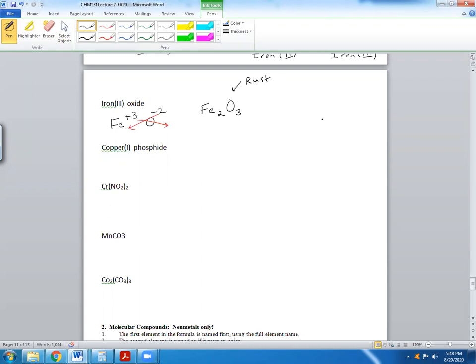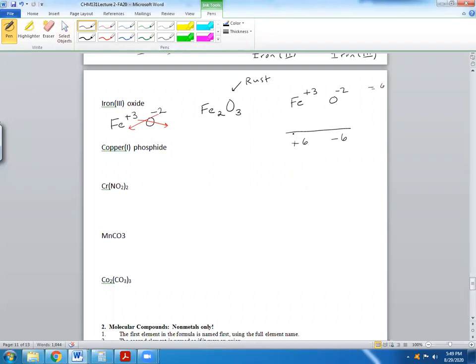Now, how would you do this the longer way? Because it has to make sense. Well, you say O-2 and O-2 and then Fe +3. Well, you look at it from a quick math, simple arithmetic, is what is the least common multiple between 3 and 2? It's 6, right? That's the least common multiple. So you say, okay, if it's 6, then I need to make this side a +6, and I need to make this side a -6. Well, and then you just work out the math here.